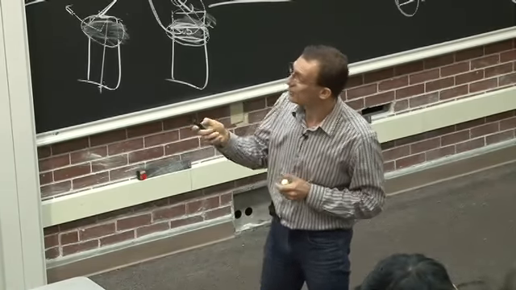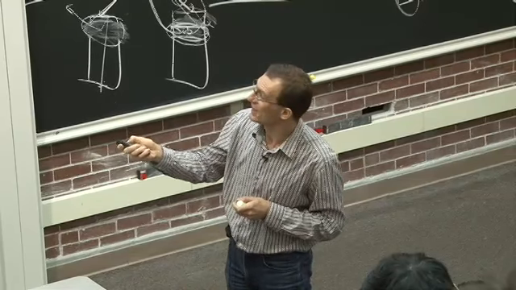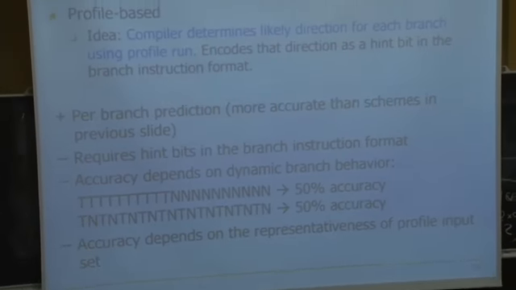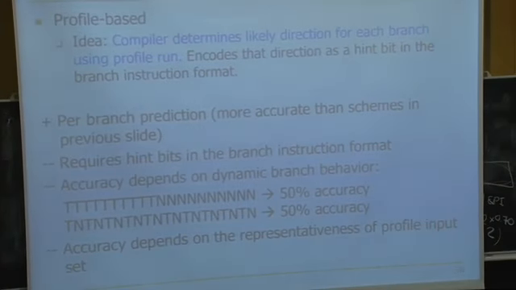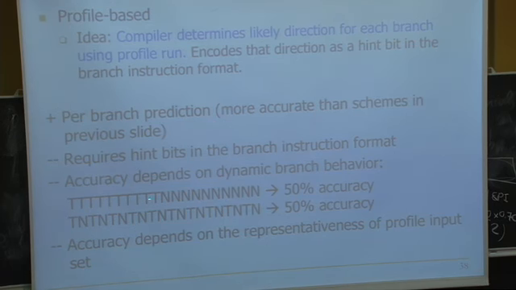Okay, so accuracy depends on dynamic branch behavior. If your dynamic branch behavior is like this or like this, you get 50% accuracy, regardless of what you set the bit to. But if you look at this, it is a really predictable pattern.